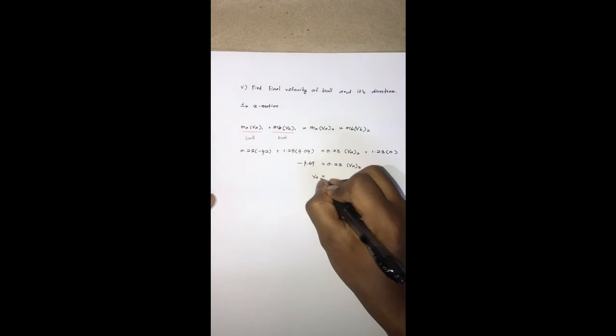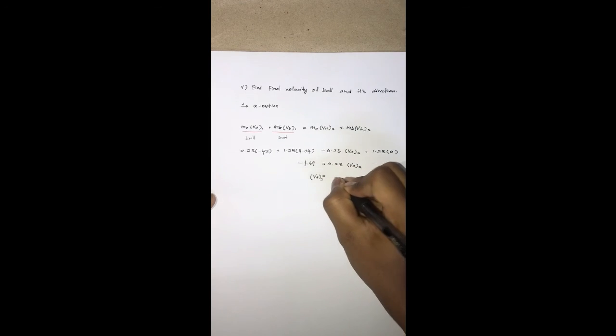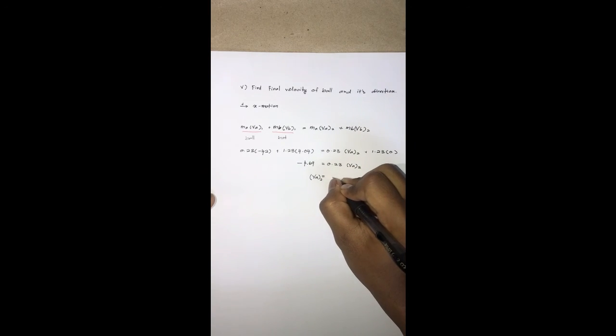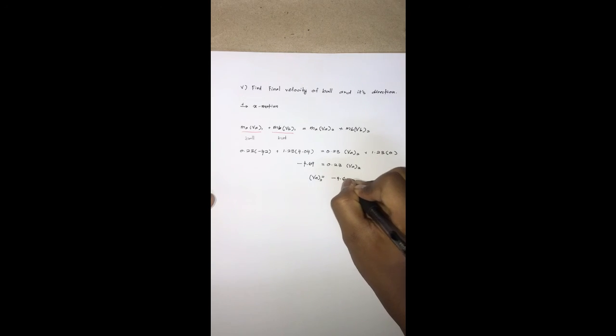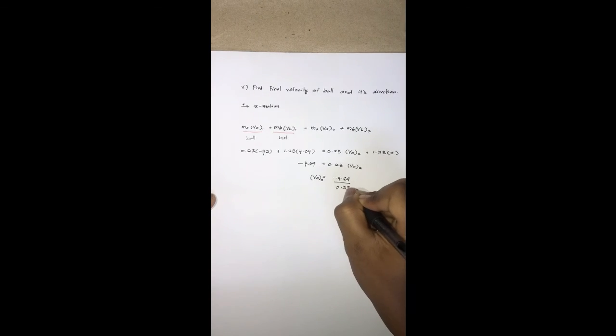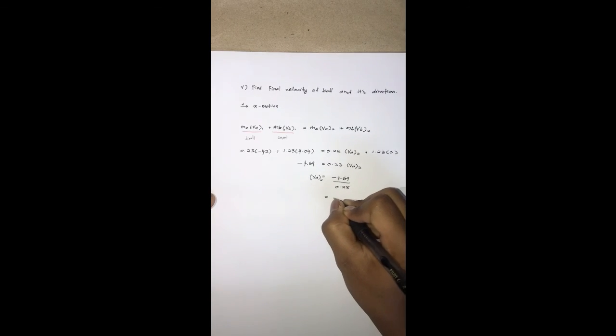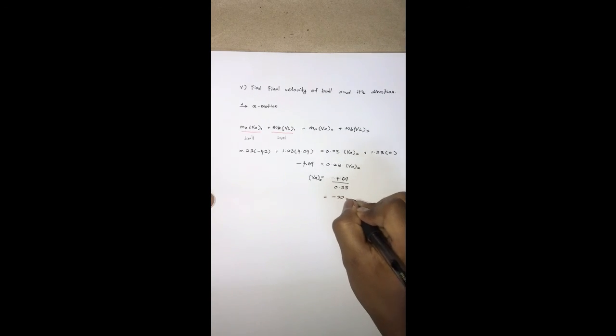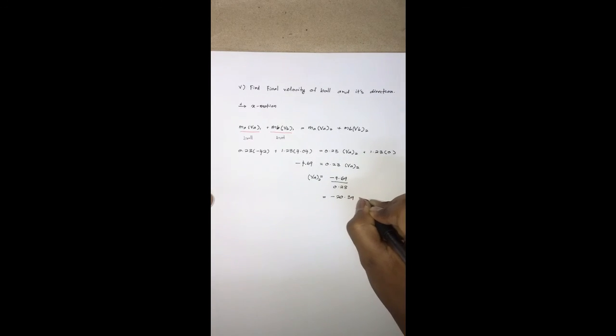Calculate and we get vA2 as negative 20.39 meters per second.